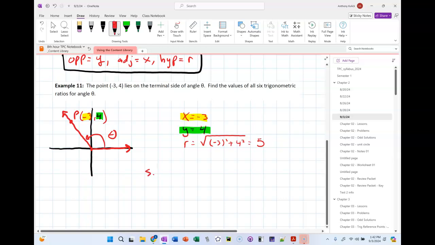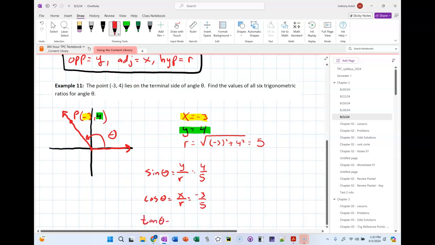So I can say that sine theta is, according to my new definition, y over r, so 4 over 5. Cosine theta is x over r, so negative 3 over 5.